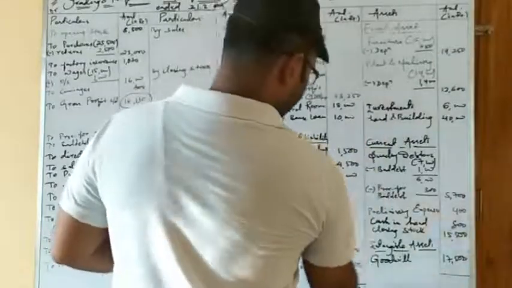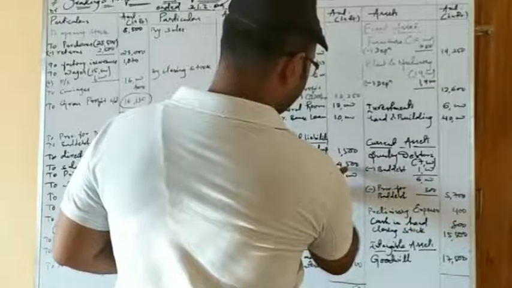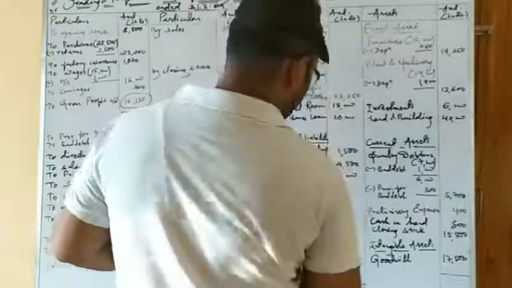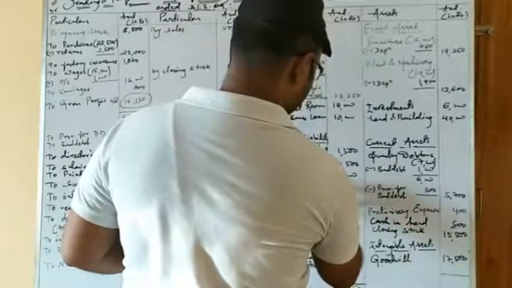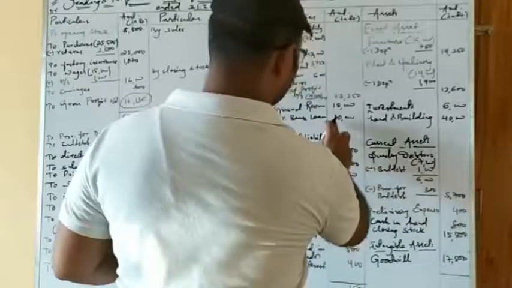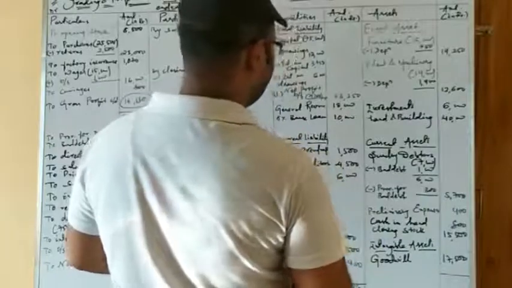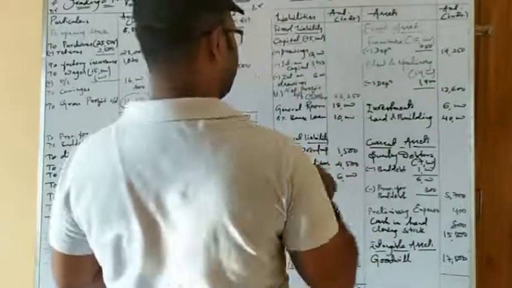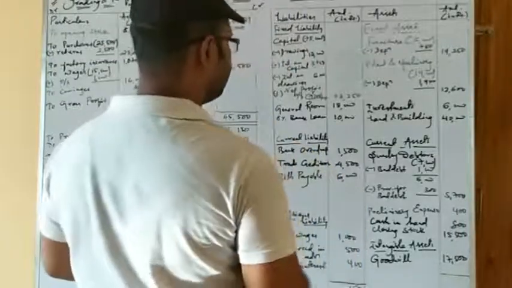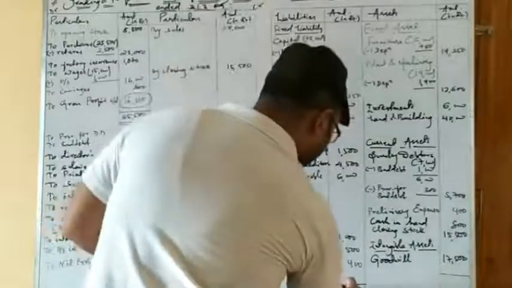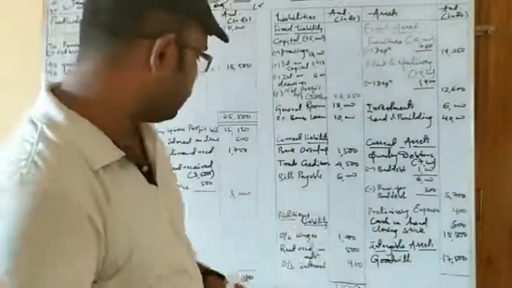Then let us check the total by adding the liability items step by step. So the liability total that we are getting is 1,15,150.